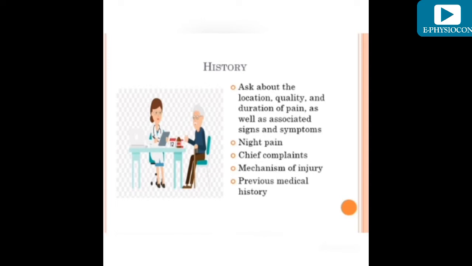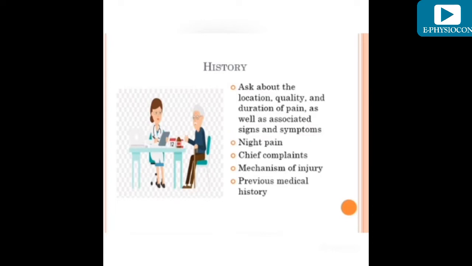Coming to night pain, if the patient suffers with night pain while lying on the affected side, and has a traumatic history, then we can consider it a rotator cuff tear problem or frozen shoulder problem. These are generally older people, more than 60 or 65 years.